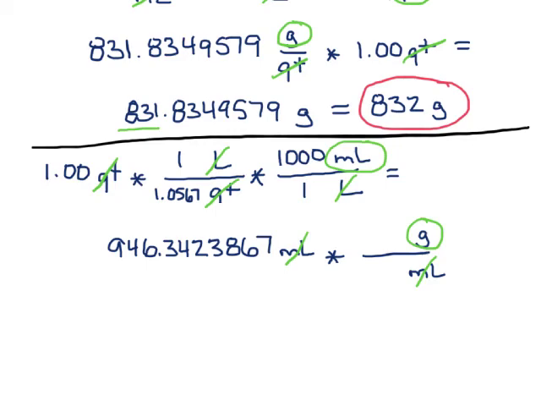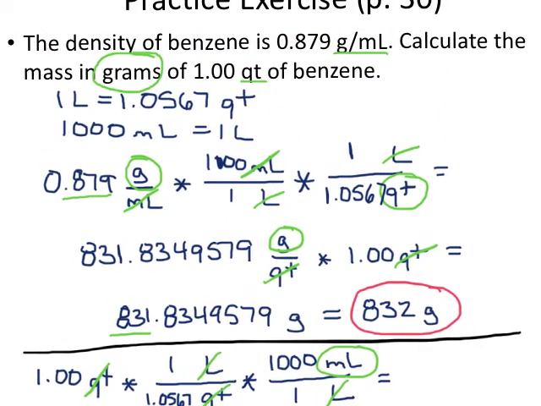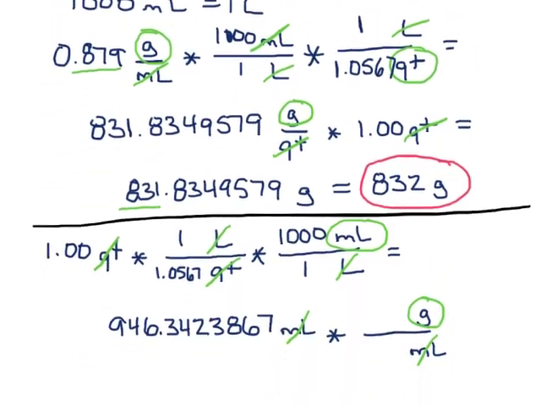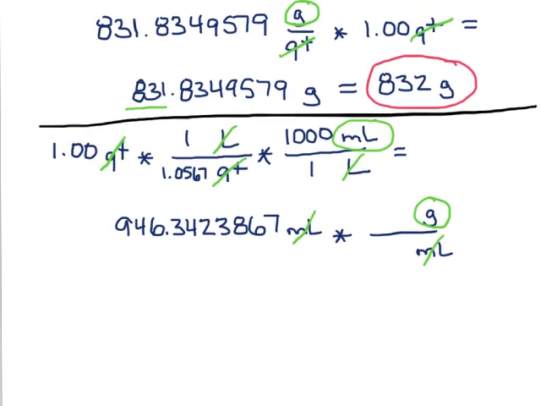Notice that this conversion factor has to have units of grams per milliliter. That is a density unit, and it matches the density units given in the original problem, 0.879 grams per milliliter. So I can just put that number in. Grams per 1 milliliter is implied when it just says per milliliter.